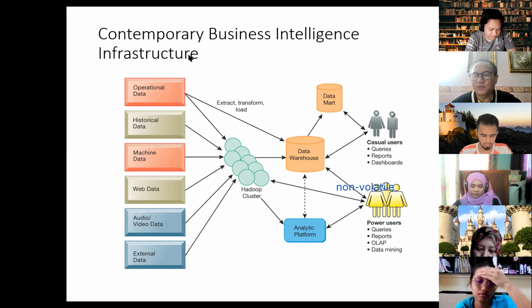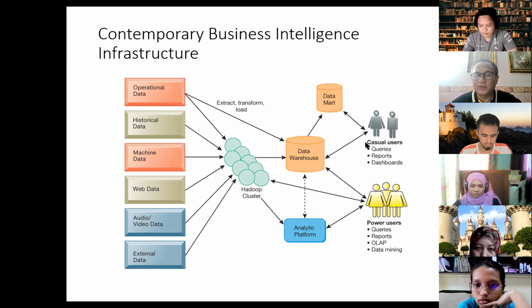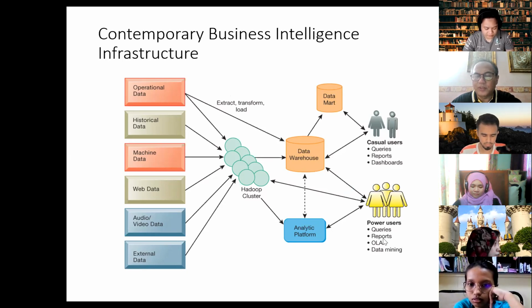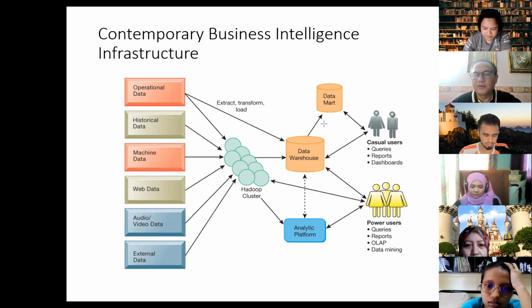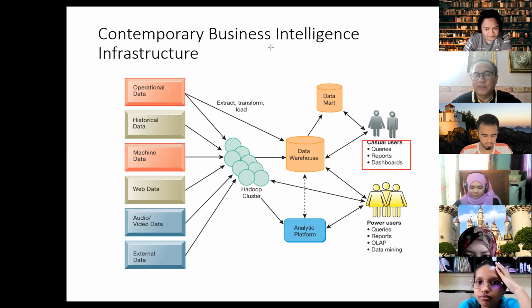We have casual users that look into casual queries, reports, and dashboards. And then you also have power users, who can do queries, reports, online analytical processing, and data mining. This is much more analytics. This is for descriptive analytics.